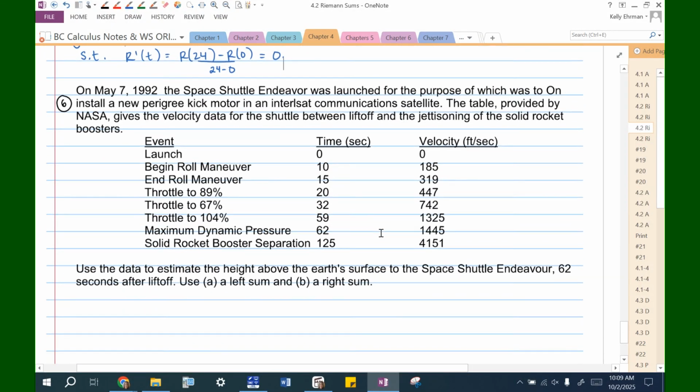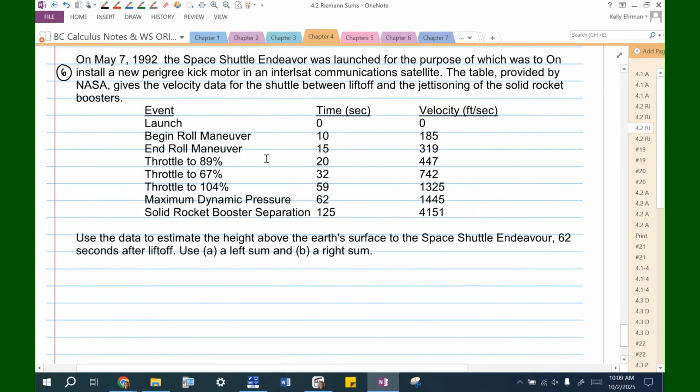All right, last problem. On May 7th, 1992, the space shuttle Endeavour was launched for the purpose of installing a new Pedigree kick motor in an, there's some typos here, communication satellite.